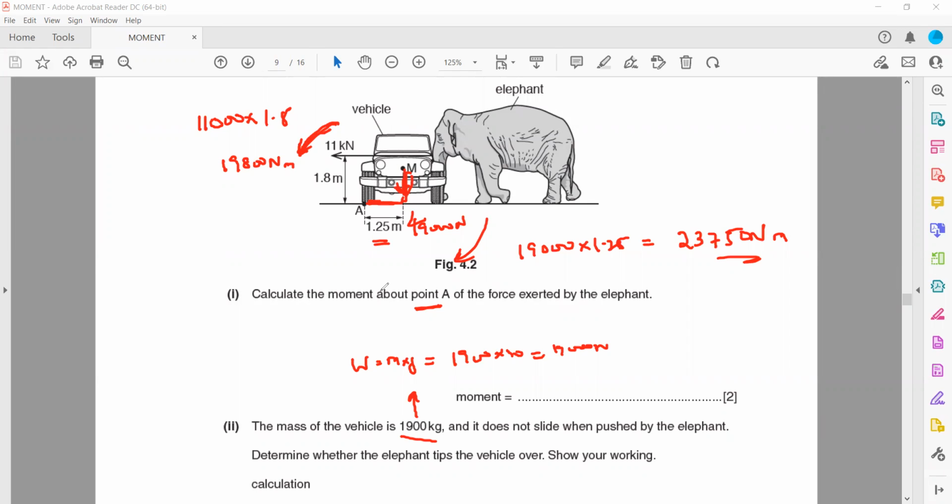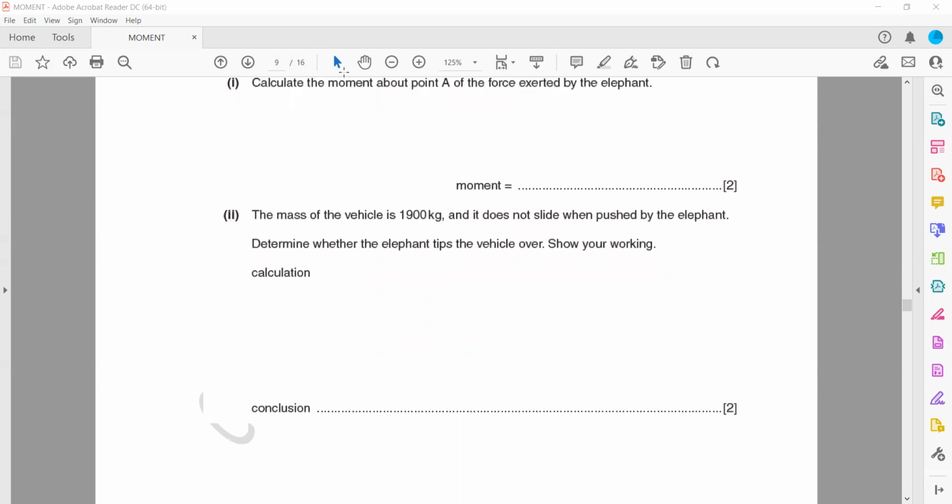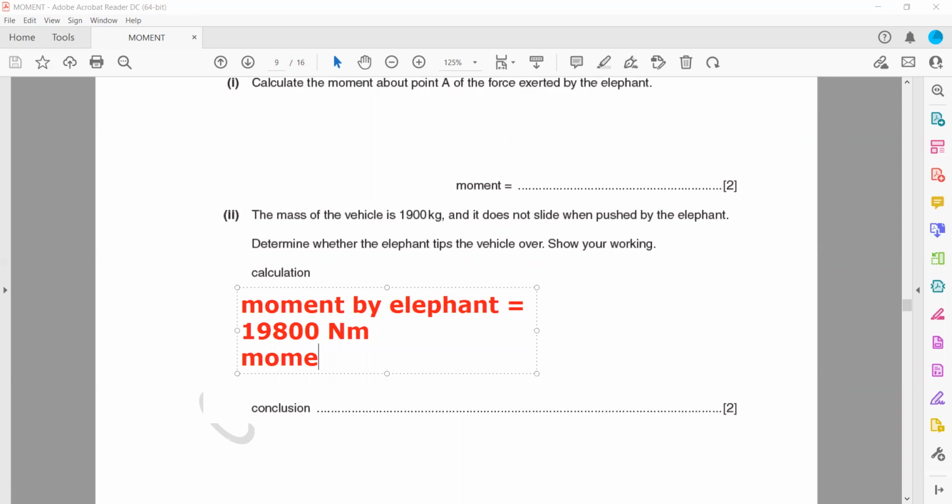I will write the answer and show our calculation. The moment by the elephant was 19,800 newton meter, and the moment by the weight of the car is 23,750 newton meter.